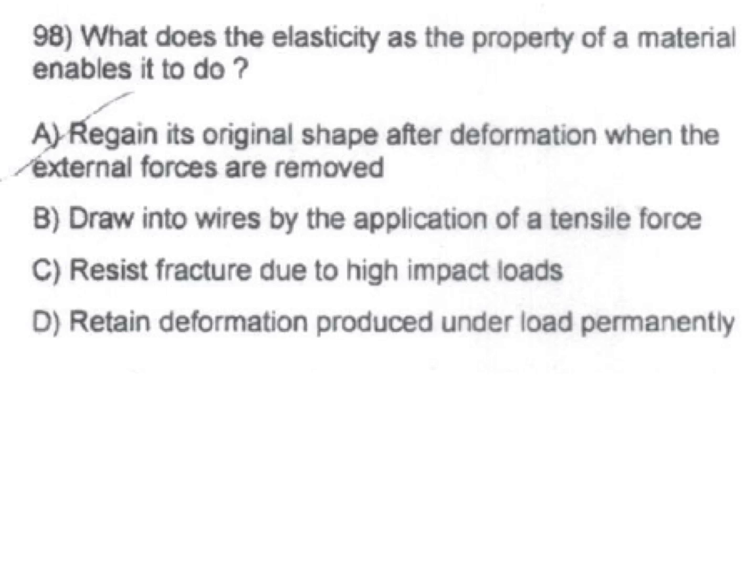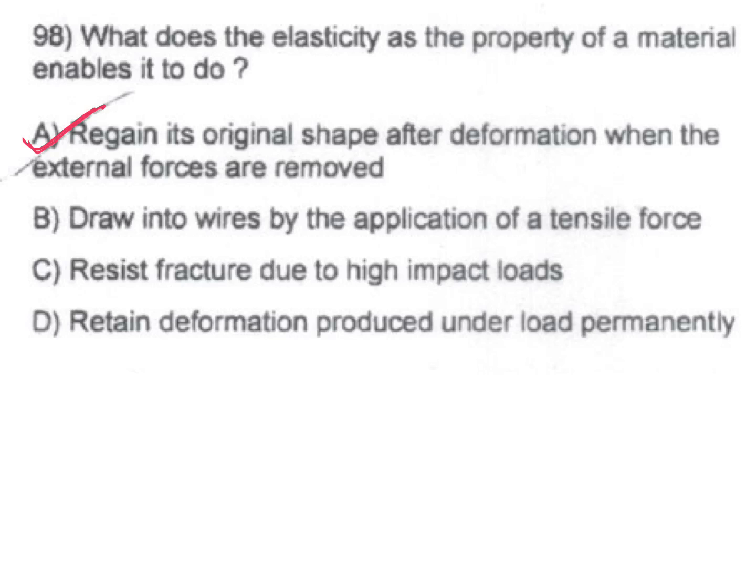C. Resist fracture due to high impact load, resilience and toughness and strain energy. There you will get impact load. D. Retain deformation produced under load permanently. This is plasticity. So our answer is A. Elasticity. Regain its original shape after deformation when the external forces are removed.